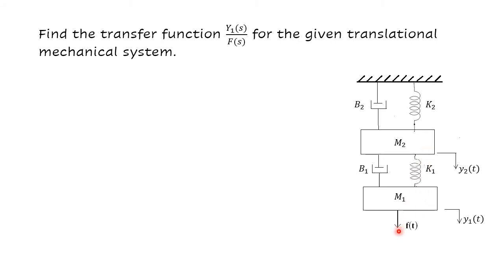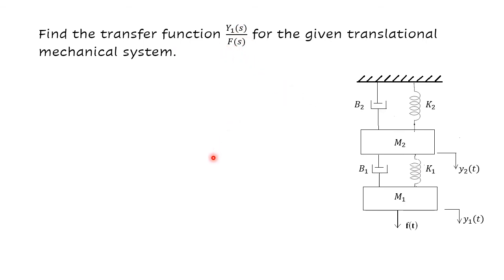The applied force is f of t with the displacements y1 and y2. The damper is given by B2, the spring action by K2. The viscous friction between M2 and M1 is B1, whereas the spring action is K1. So we need to obtain the transfer function y1 of S by f of S.